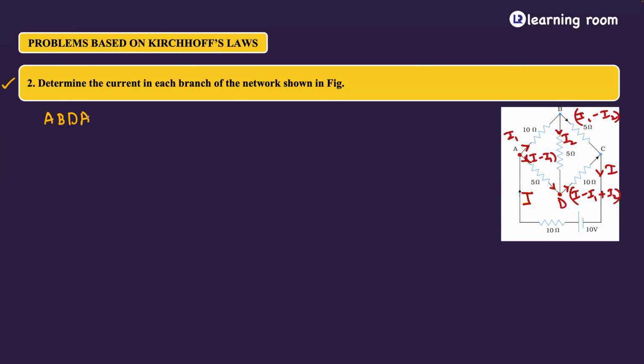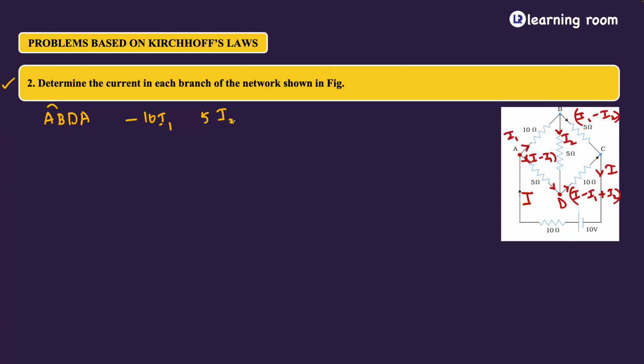When I go from A to B, I'm crossing a resistor of 10 ohm. The 10 ohm resistor carries a current of I1, but since you're walking in the direction of current, you take minus. Similarly, when you go from B to D, you get 5 into I2.